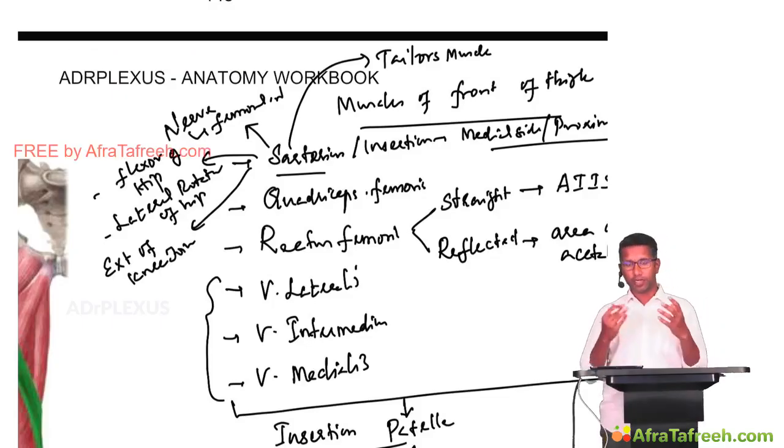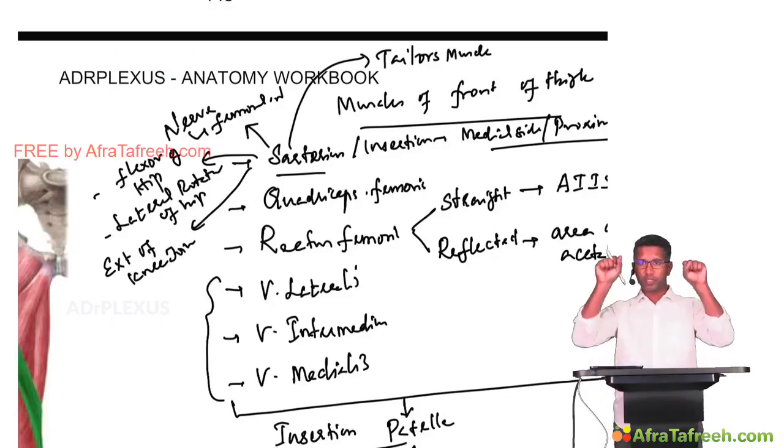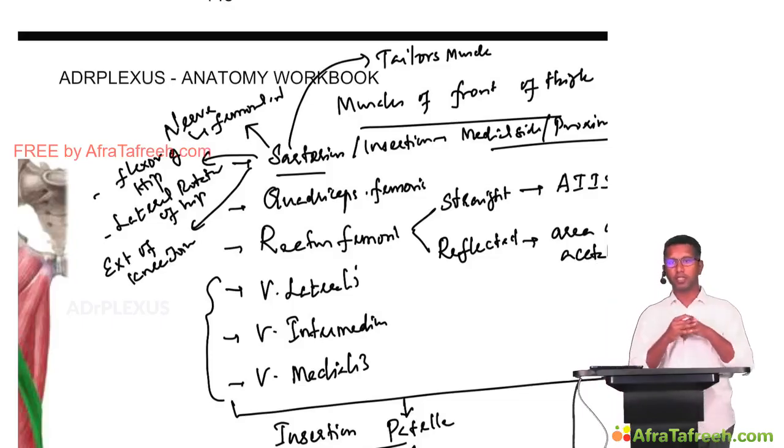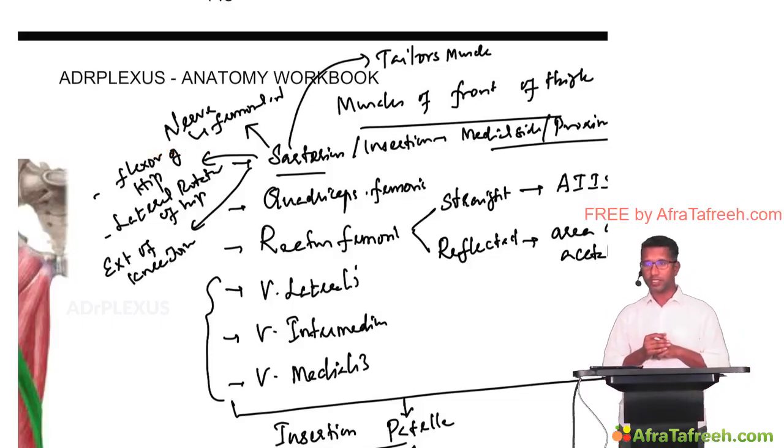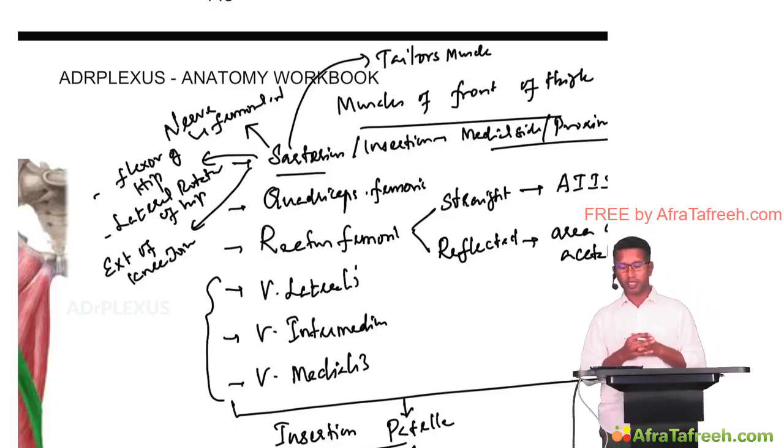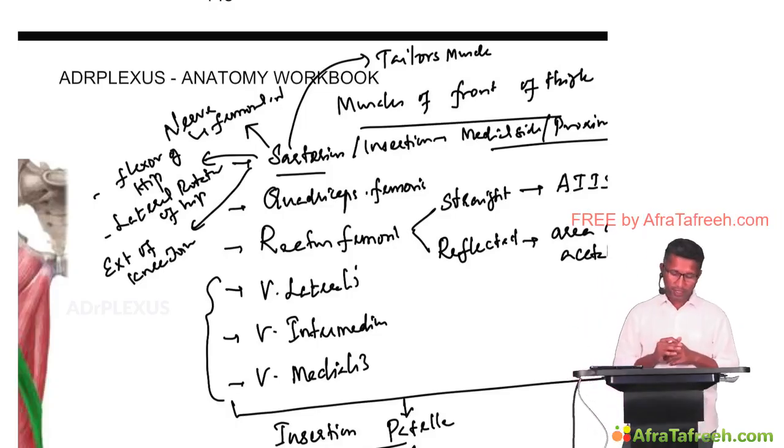So when you take pull-ups, it is the latissimus dorsi which helps. When you take push-ups, what is the muscle that helps? The main muscle that helps in taking push-ups is the pectoralis major muscle. So just keep these things aside.